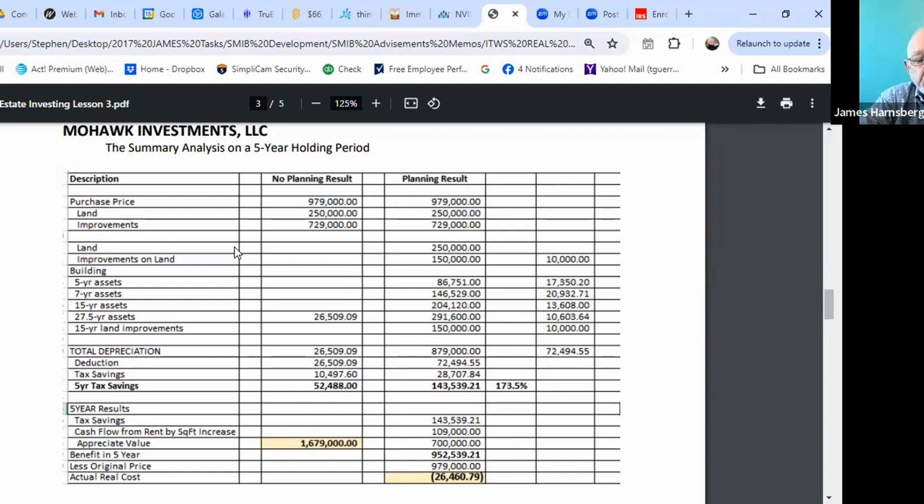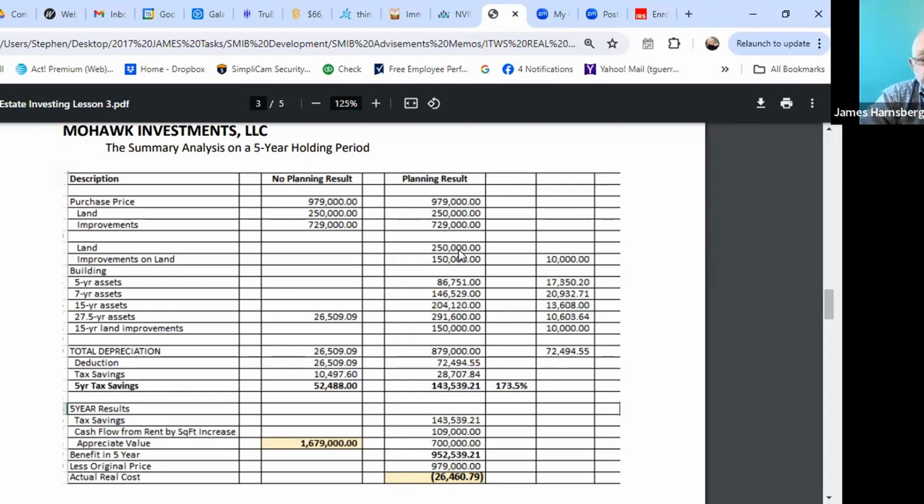Taking some planning approaches, starting with the entity structure. This is held by a managed member LLC, Mohawk Investments LLC. The owners of the LLC are my wife, Susan, and I, and the corporation, which is a managing member, Conduit Corporation. We still paid $979, $250 for the land, $729 for the building.